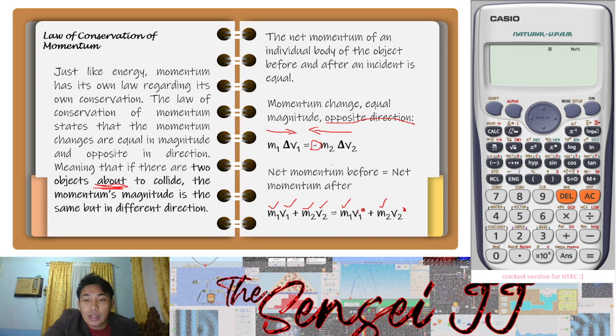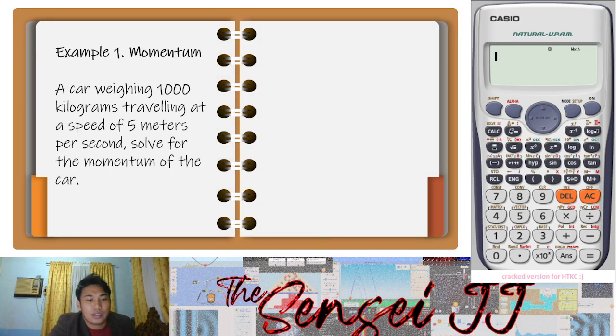But with their velocities, as you can see, they are both in prime, v1 and v2, meaning their velocity changed from a higher to a lower velocity, or from a lower velocity to a higher velocity. There will be a change in velocity. That's why we have momentum after the collision, which is known as v1 prime or v2 prime. Mass is constant.